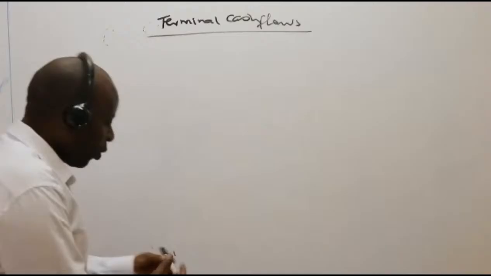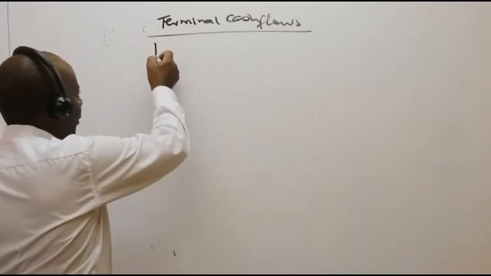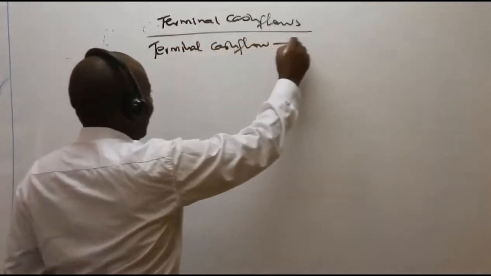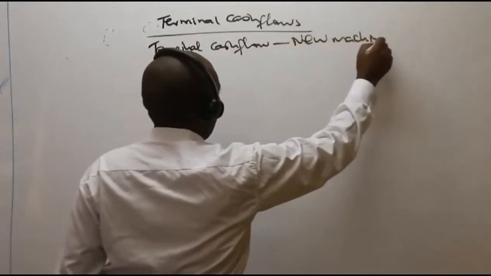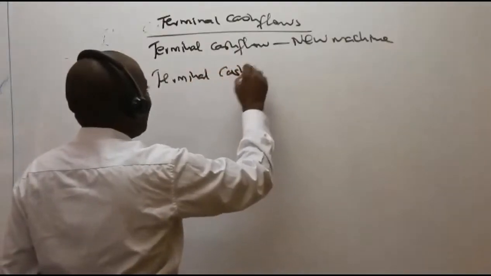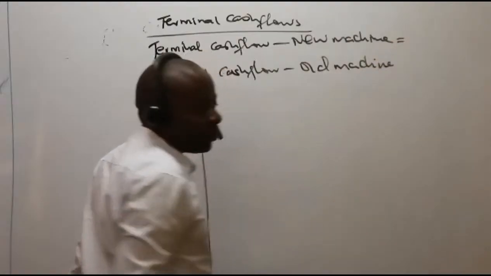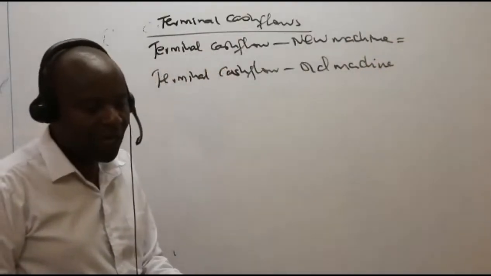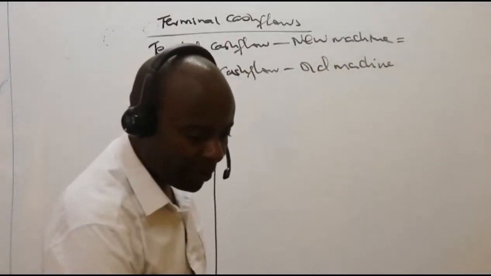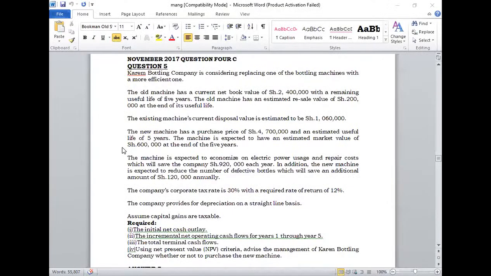So terminal cash flows will pick the terminal cash flow of the new machine, and then the terminal cash flow of the old machine. Has the examiner given us the terminal scrap value of the new machine?